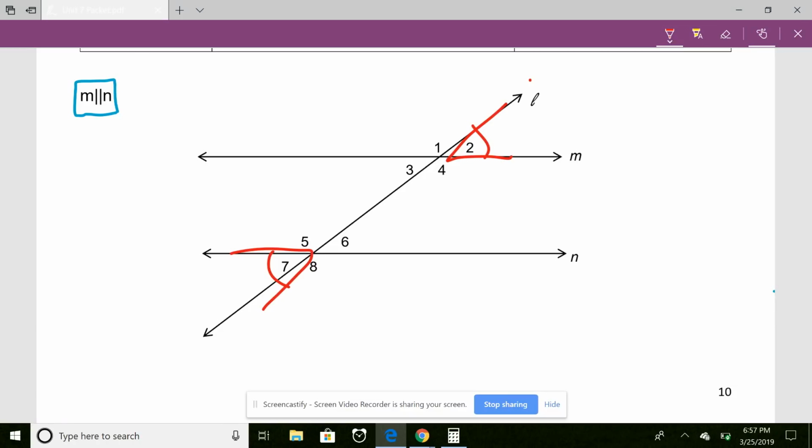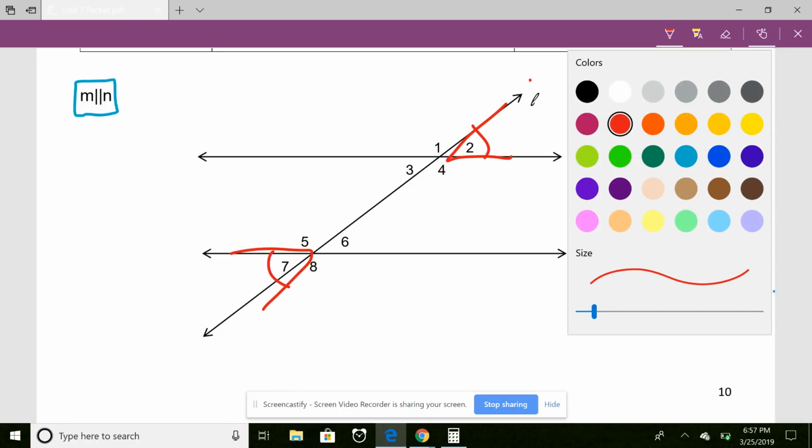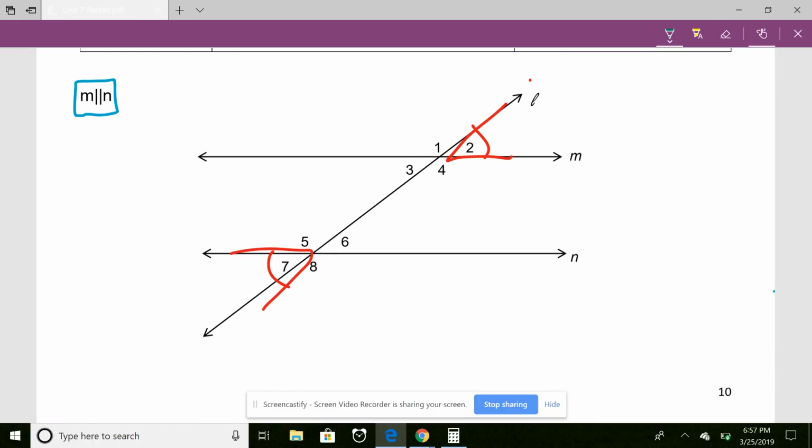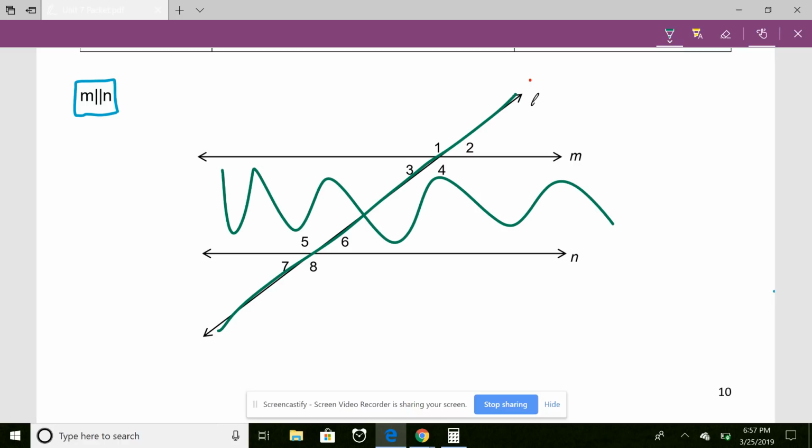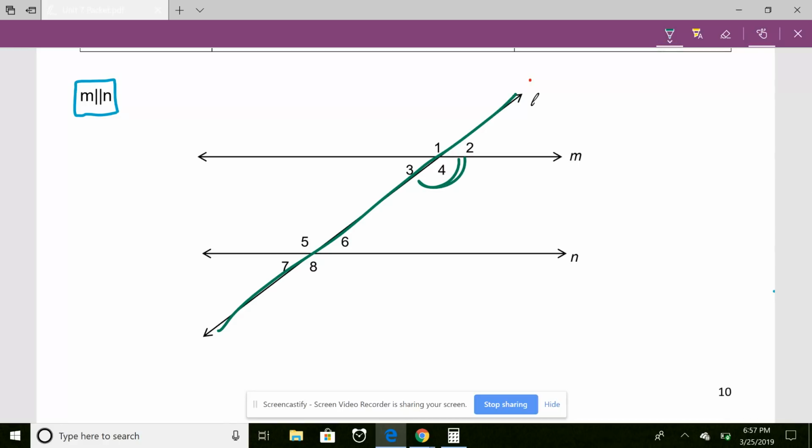So we have alternate interior and alternate exterior. Another pair, which is not mentioned above, but I want to mention it, is called same side interior. Same side means they are both on the same side of the transversal and on the interior. Same side interior angles are angle 4 and angle 6.